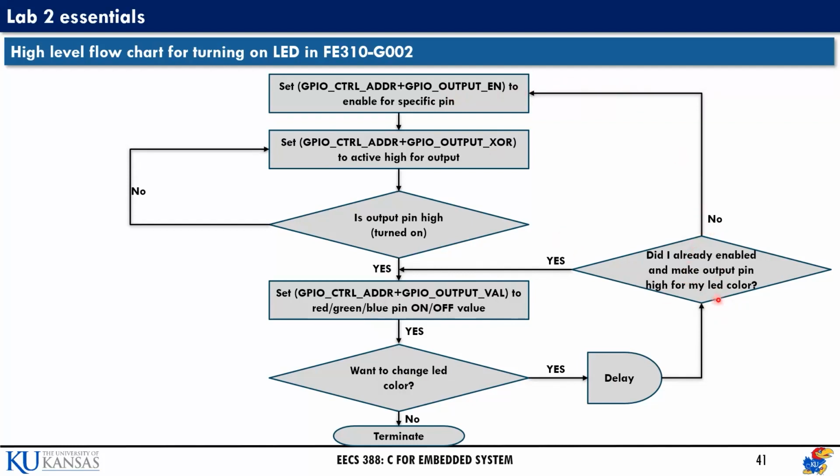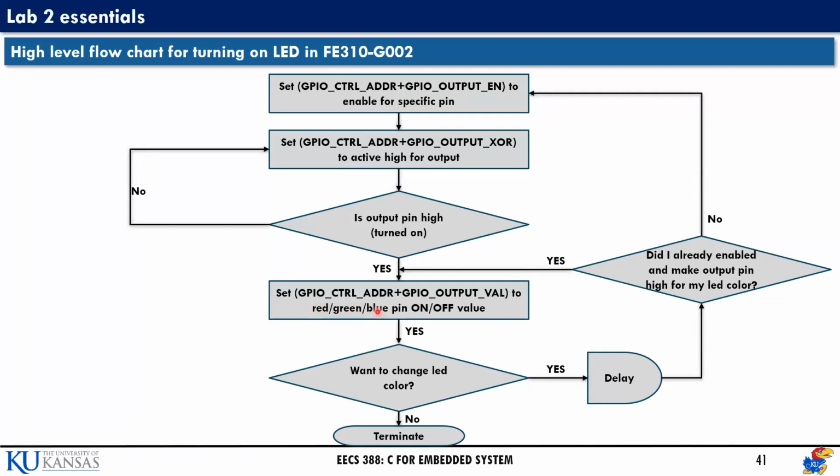So here we have 3 LEDs, right? Red, green, and blue. What we have to do for red, green, and blue is manually enable, for each, this output enable register. We have to enable for all of the pins if we want to turn on the LEDs for red, green, and blue.